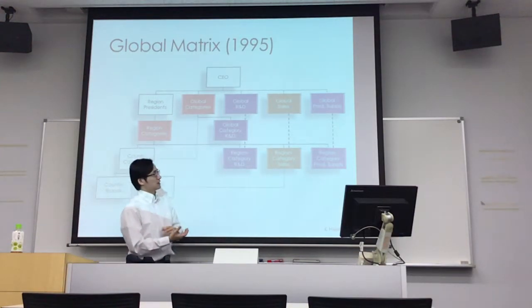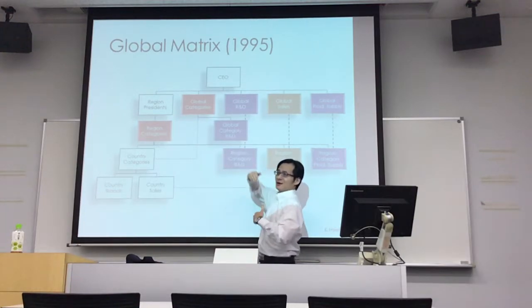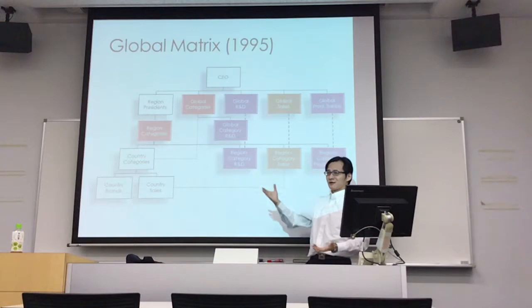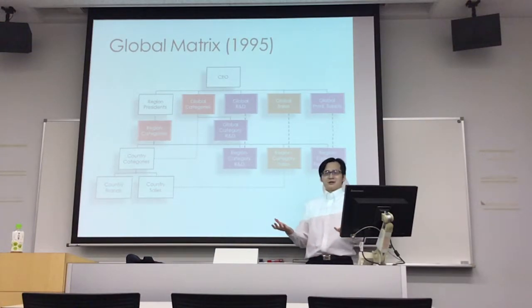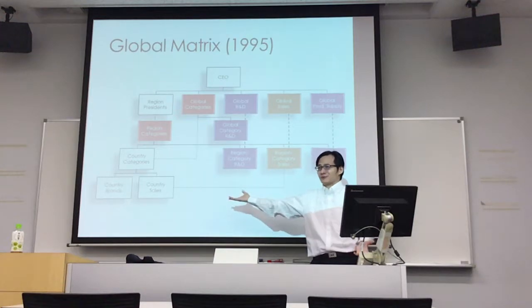They control category R&D. But then you have a global R&D team above you, and a regional category R&D below you. So exactly what do you do? You're pretty much doing things that other people don't want to do, and you probably cannot do too much about it because you depend on the revenue that they generate for you.